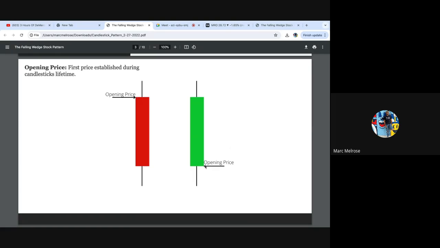And this opening price is just what it sounds like. It's where the stock price opened up during that time frame. So if you're looking at the 1 minute chart, it's where this candlestick opened during that 1 minute time frame. If you're looking at the daily chart, it's where the stock price opened up on that daily time frame.